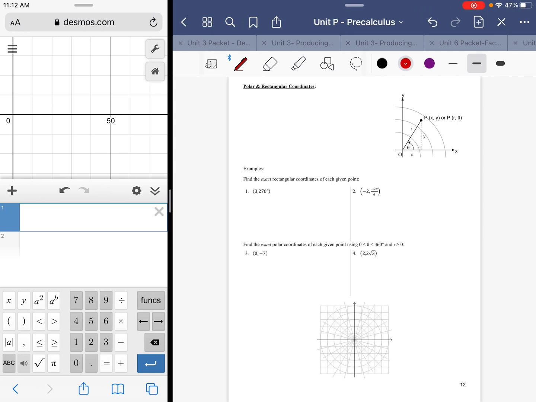So we're looking at page 12 in the unit P packet. What we want to do now is develop a relationship that allows us to convert from polar to rectangular forms and vice versa. Right? So we learned already how to convert back and forth between rectangular and parametric.